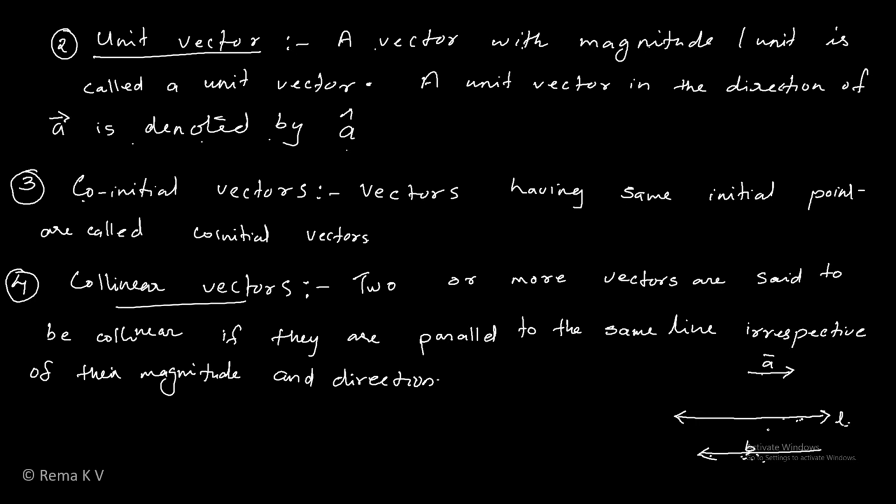That is, they are parallel to each other. Then we can say that vector A and B are collinear vectors.